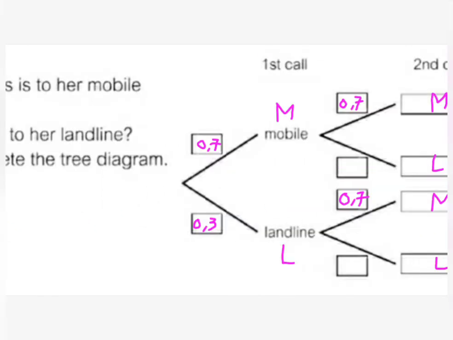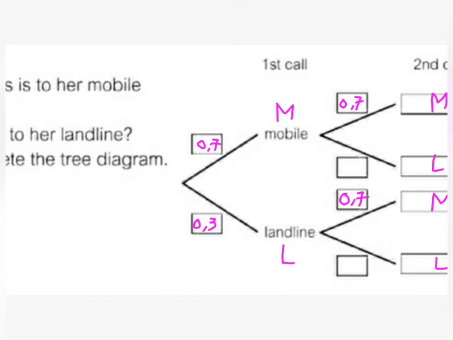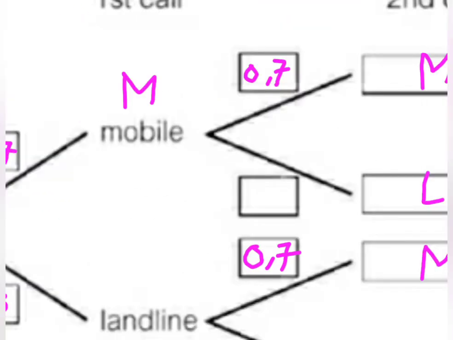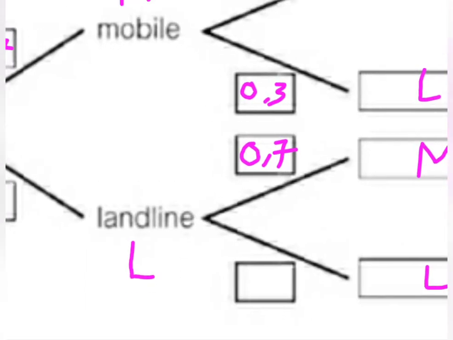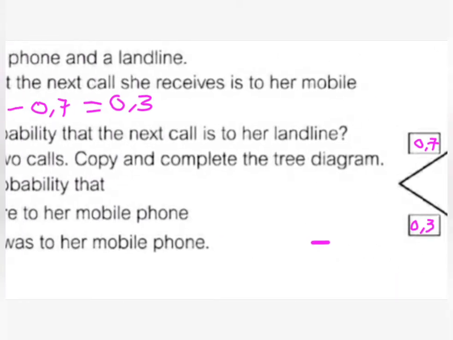And because this one is 0.3 for landline, this and this are the same. They're going to be 0.3. Good. Now, after filling the gaps of the tree diagram, let's take a look at the questions and answer them together.